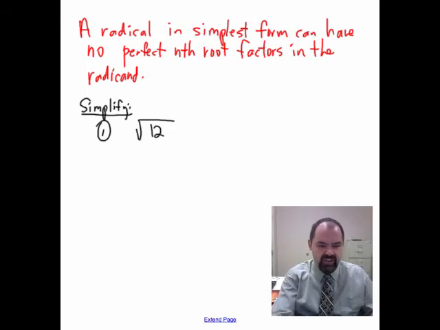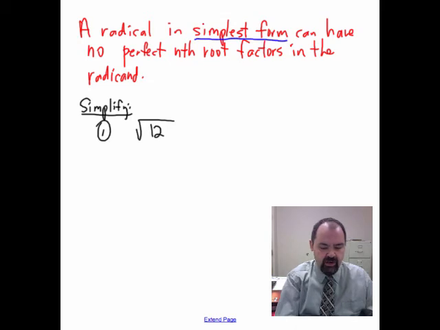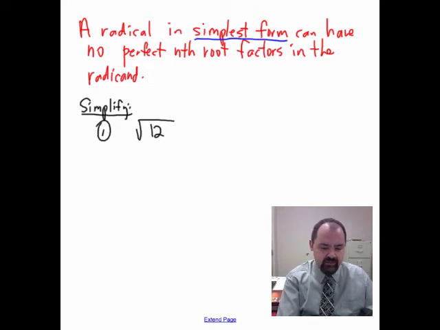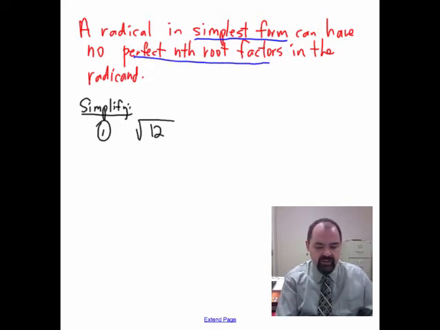What we want to do now is take the idea we've just talked about and apply that to simplifying radicals, putting radicals in simplest form. The definition of that is that there can be no perfect square roots or cube roots or 4th roots under the radical sign, depending on which type of radical we're dealing with.